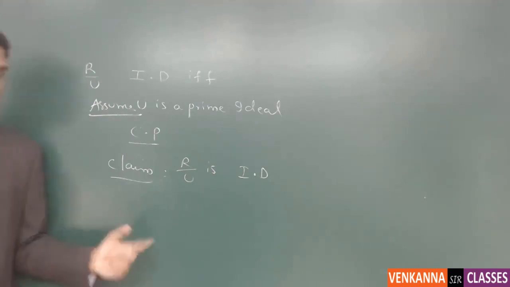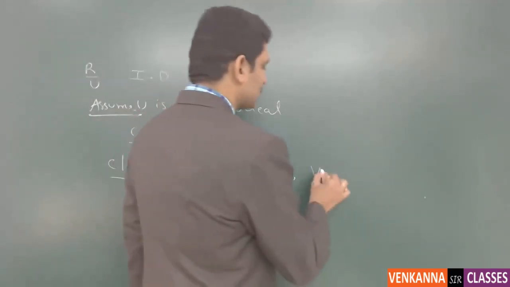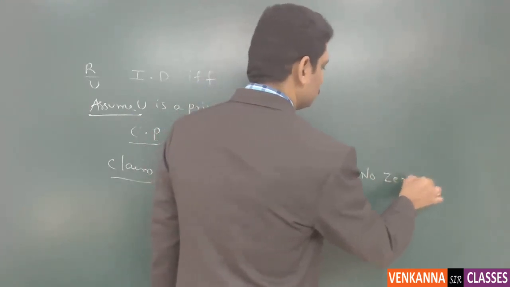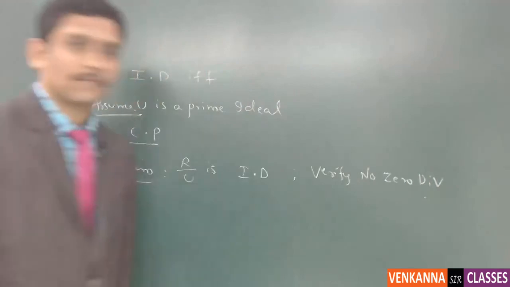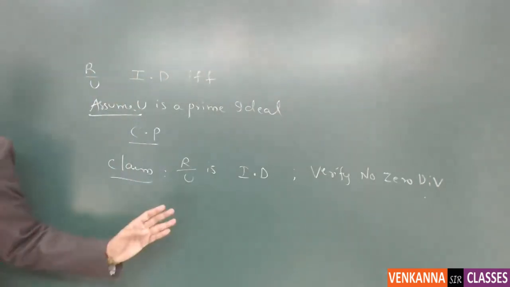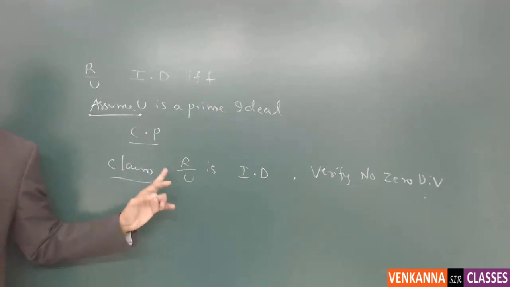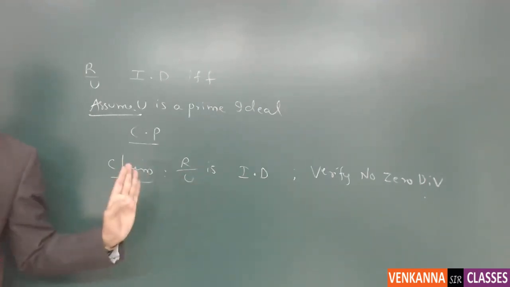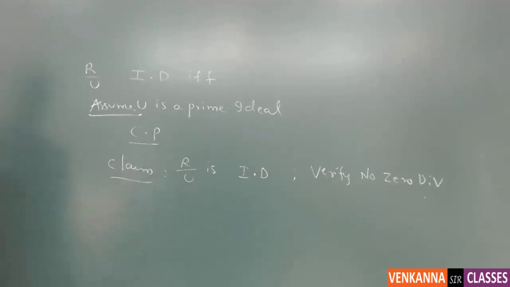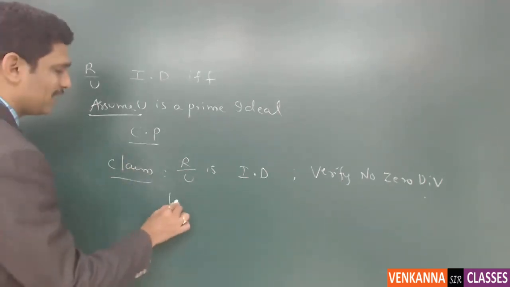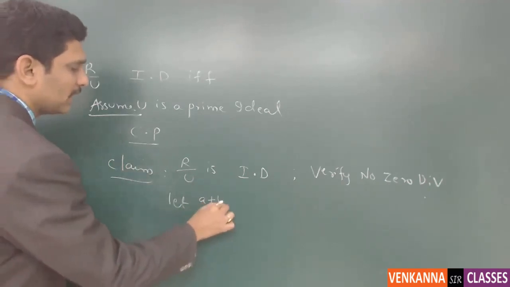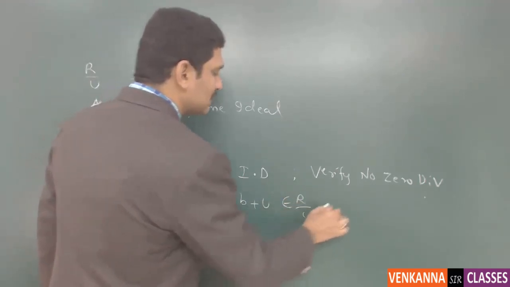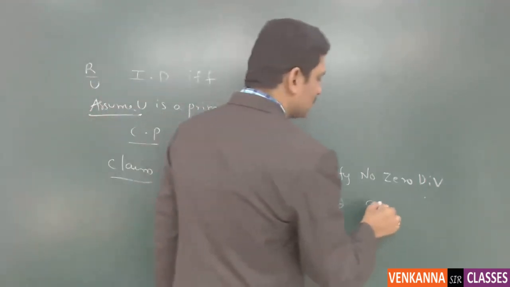So we just verify the no zero divisors case. What does it mean? Whenever the product is 0, one of the elements must be 0. That we have to show. So let us take two values, say a plus U, b plus U belongs to R by U, such that the product is 0.